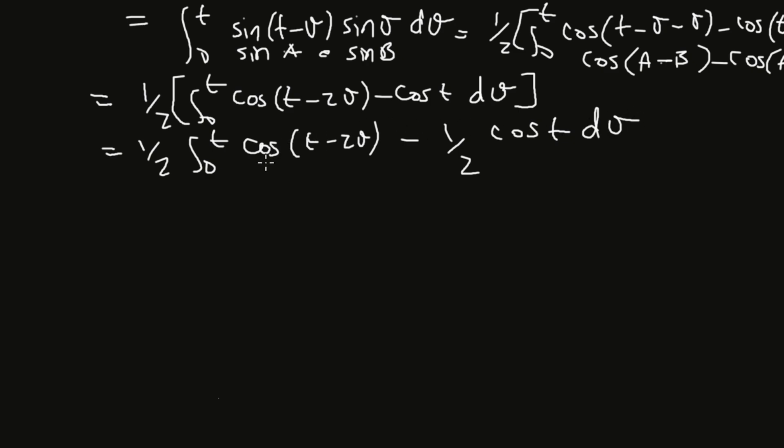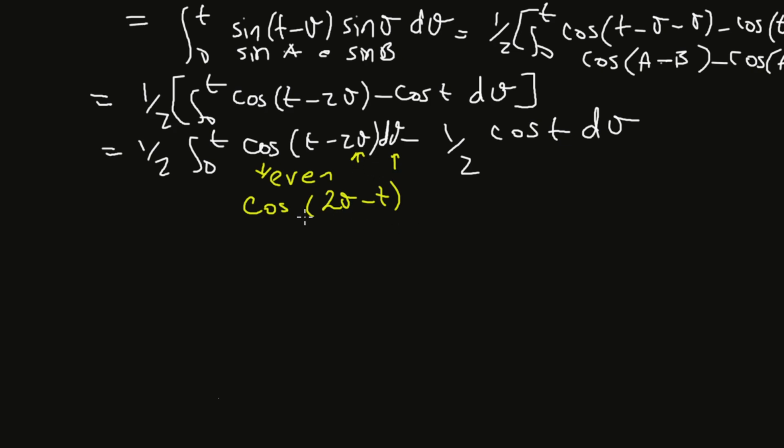Then you see, because this is the v, and this is v, we know how to do this, but let's also make it a little bit more interesting. We know that the cosine is an even function, which means if you switch these two, like as 2v minus t, nothing happens, right?